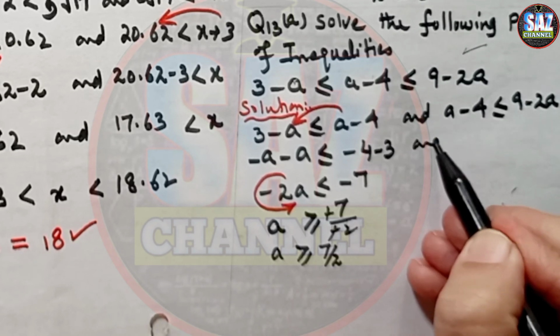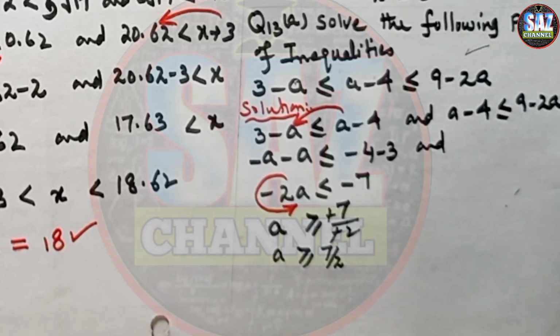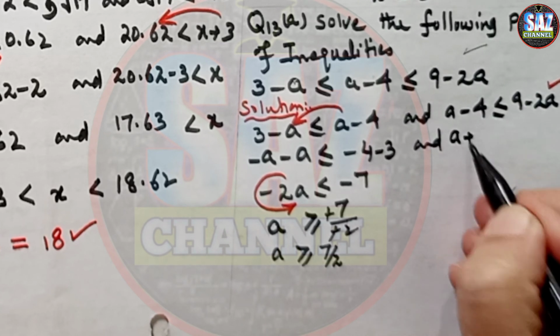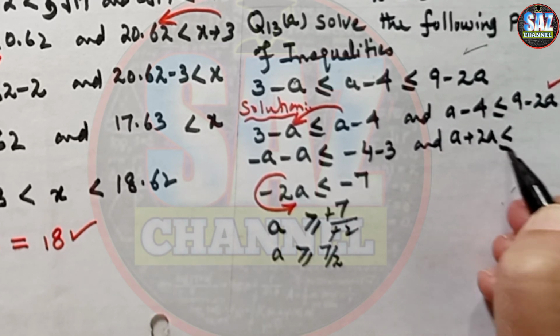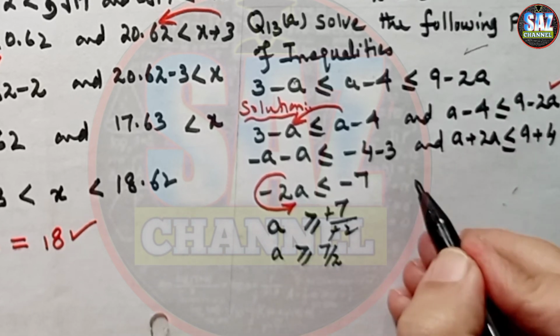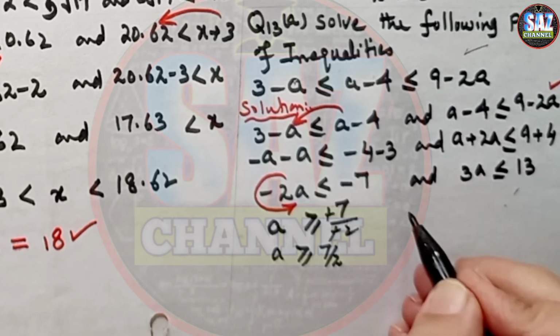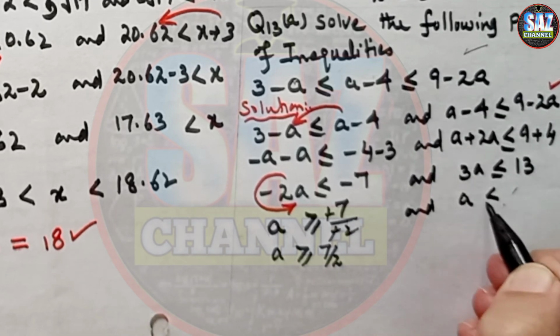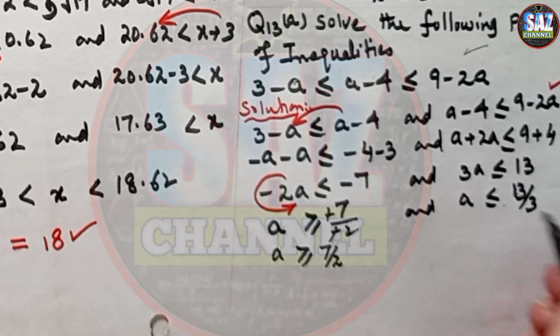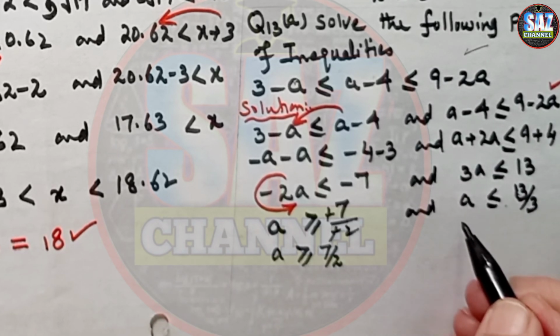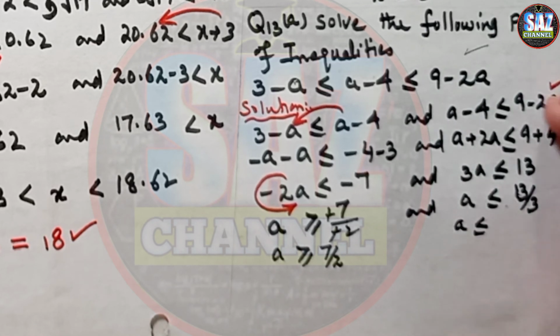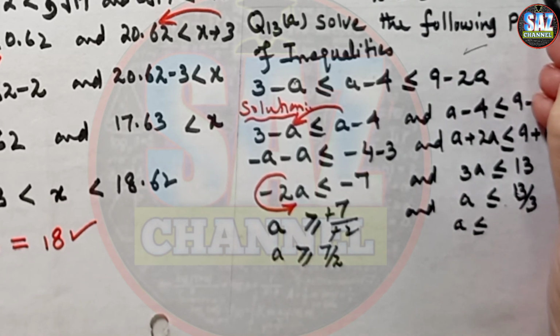And now again, a that we want to make the subject of formula is on both sides, so shift it to the same side. A plus 2a is less than or equal to 9 plus 4, and 3a is less than or equal to 13, and a is less than or equal to 13 by 3. 13 by 3 can take the form 13 divided by 3, that is 3 4s are 12, minus 1.